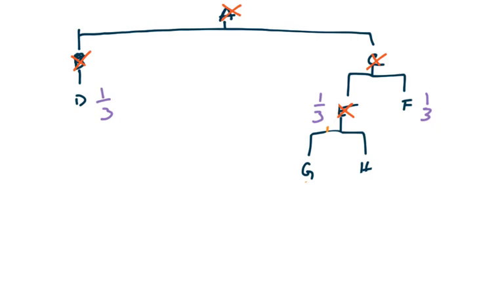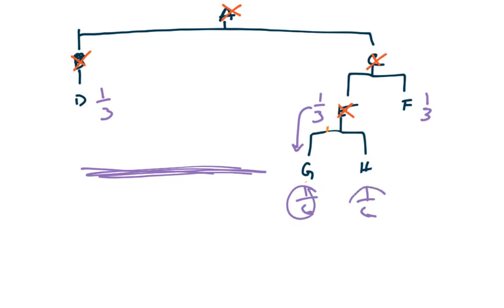And here we would then pool the shares, but that is not relevant because it's just going to go straight down to G and H. We only pool the shares if there was anyone else at this generation here. That's not the case. Instead, we get 1/6 and 1/6. So as you can tell, the problems are getting a bit more complex as we go along. So let's do another one.